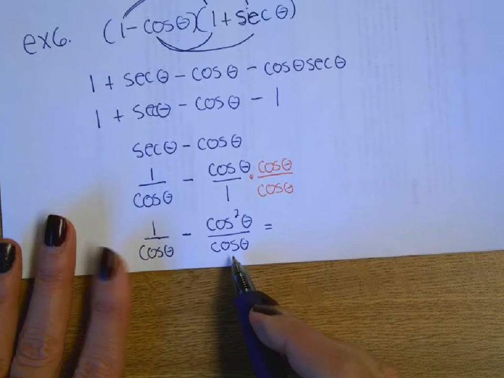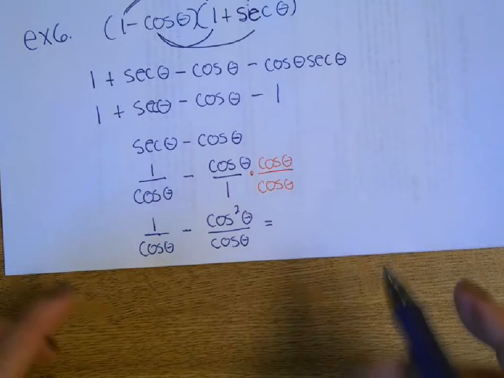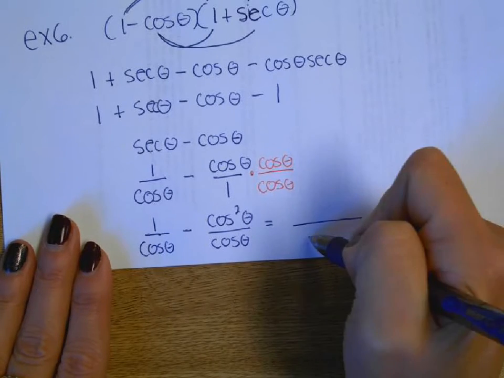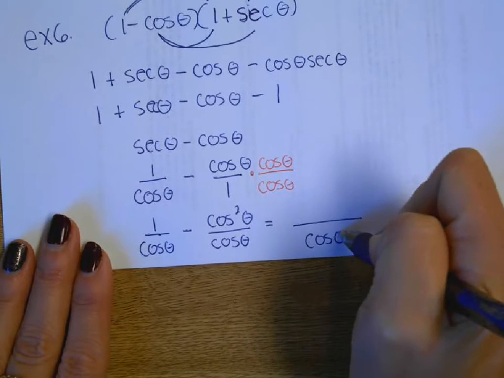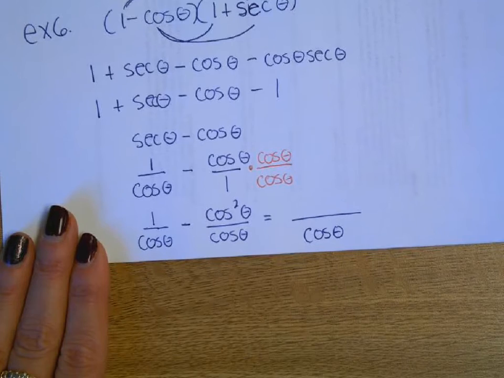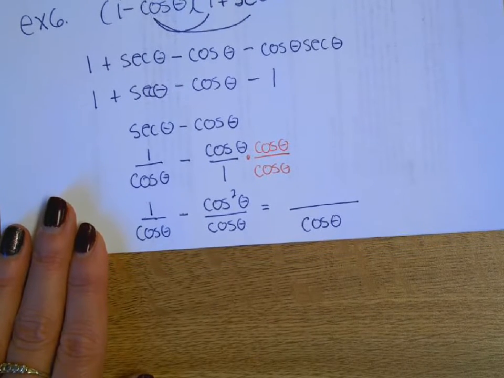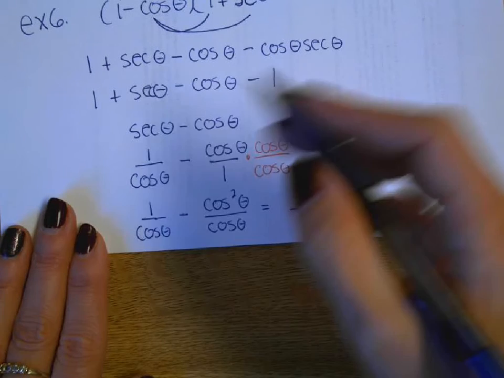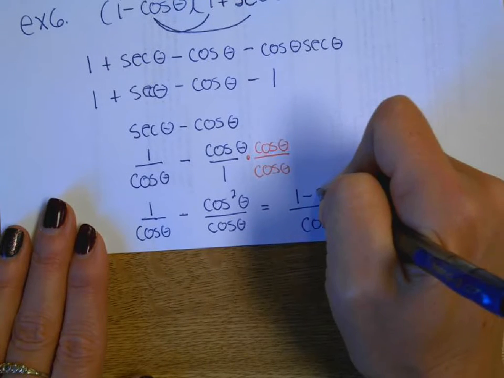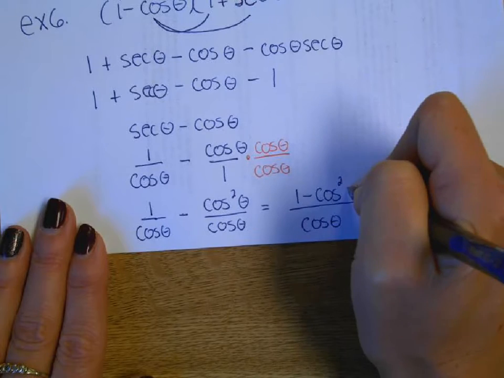Now that there is a common denominator, you can add the numerators together over that common denominator. So what's my numerator going to be? 1 minus cosine squared. Looks very Pythagorean.